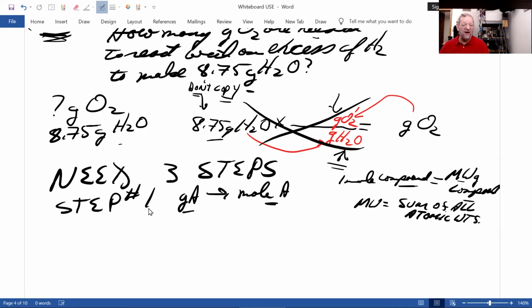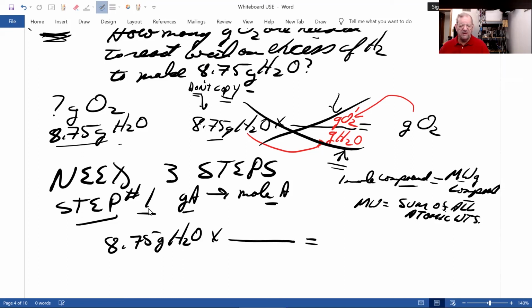So what do I have? I have water. So in step 1, I'm going to go from 8.75 grams of water to moles of water. Why? Because step 1 tells me I go from grams to moles.